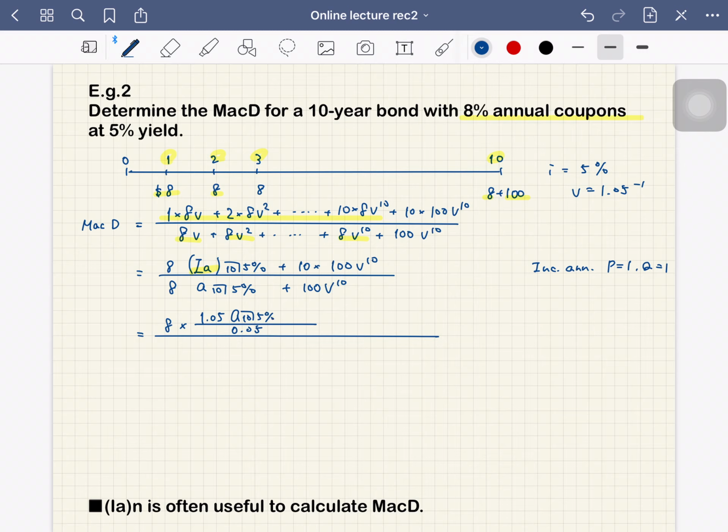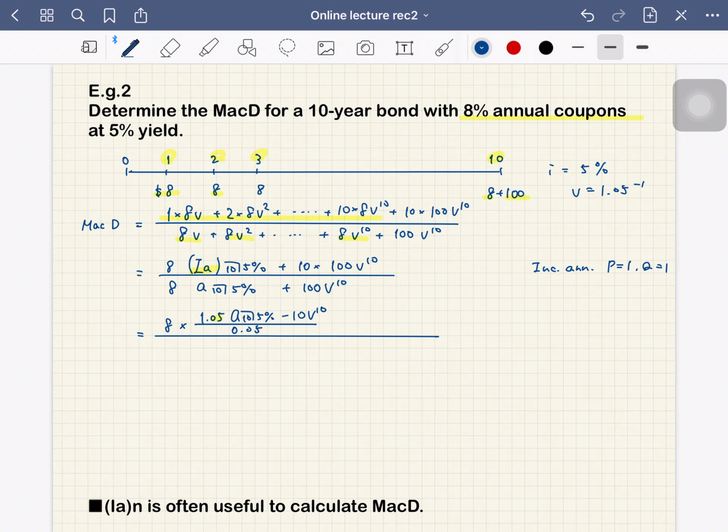In the original formula, we have P times a angle 10, but that is this one part, the 0.05 part. Then the next, the Q part, is Q times a angle 10 minus 10 times v^10, over 0.05.